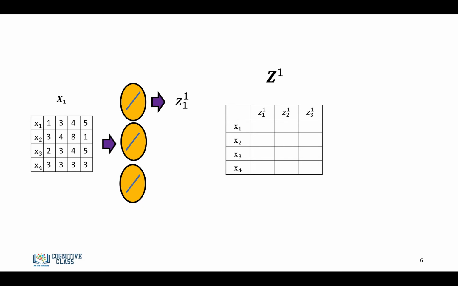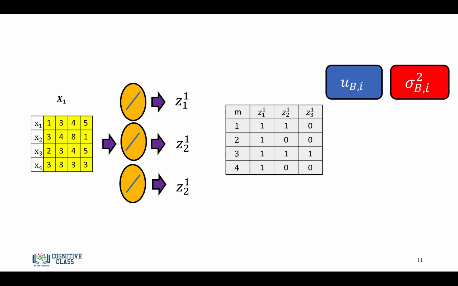We'll have the output for the first neuron, second neuron, and third neuron, and the first sample will correspond to the first row of the matrix or tensor Z, and we'll use the same convention for each of the samples, and we'll just use the index m to represent the actual sample. So what we're going to do is calculate the mean and standard deviation for all the samples for each neuron, and then we'll normalize the output for each neuron.